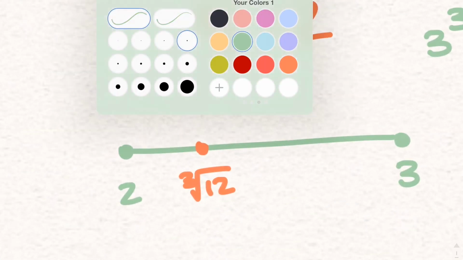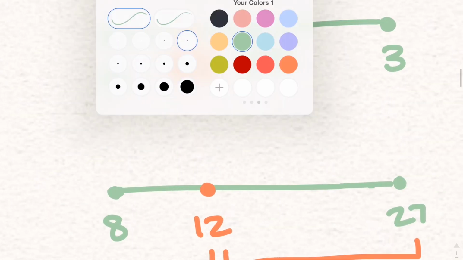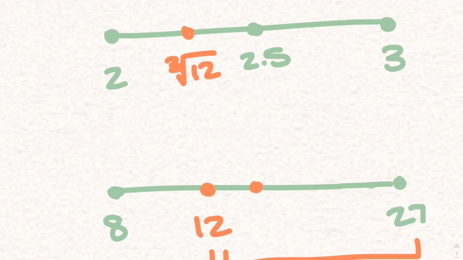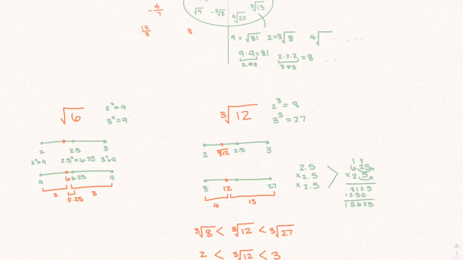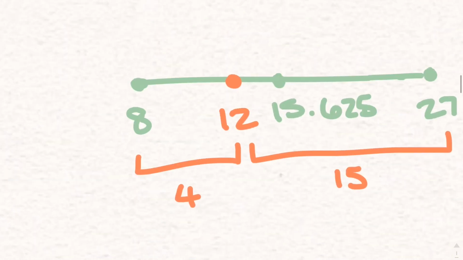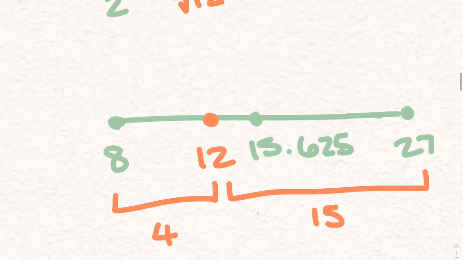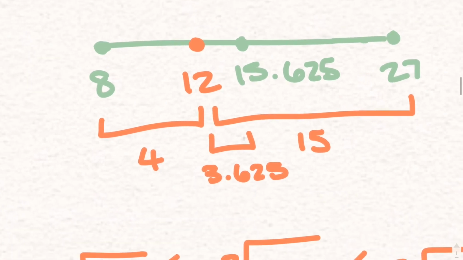So just like before, we're going to add 2.5 onto our number line, and then add it on down here as well. We want to add the cube of 2.5 on here. And if we look at the difference between 15.625 and 12, it's 3.625, which is less than 4, which is the difference between 8 and 12.